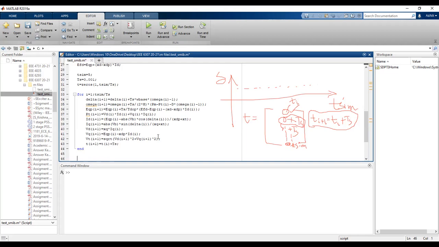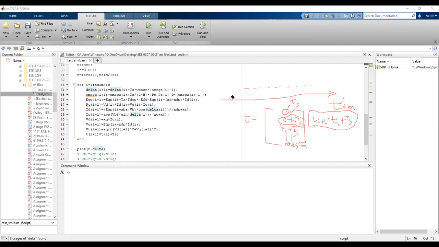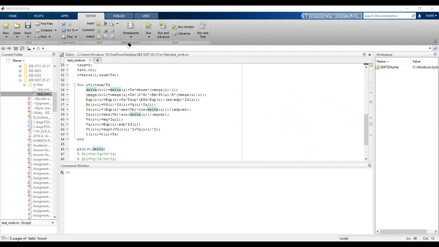Our target is to plot it. Let's plot it, T versus delta. Let's see what is the result. At least, is it error free or not? If there is error, then we have to go for the troubleshooting. So let's run it.